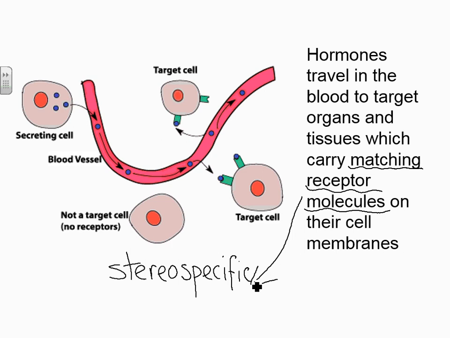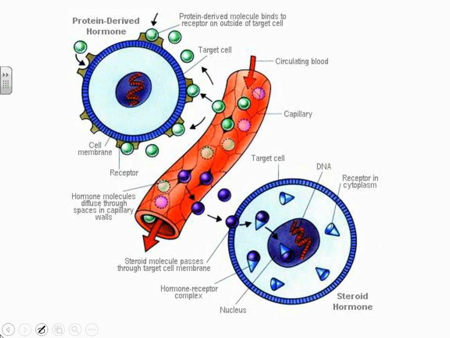Now, moving on from this, we then have to identify two different sorts of hormone. They work in slightly different ways in terms, first of all, of how they cause a response in the cell, or how they get into the cell, I suppose is the best way of looking at it. But the first sort don't get into the cell at all. And the two types are based on different biochemical molecules as their basis.